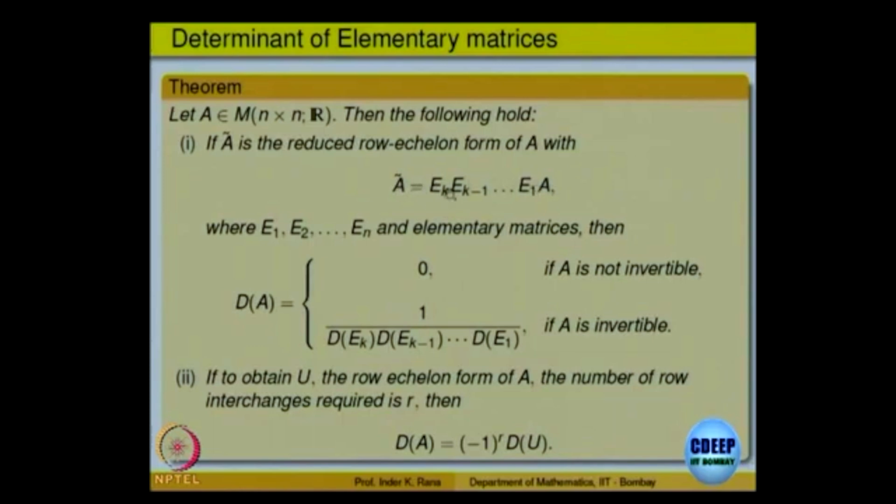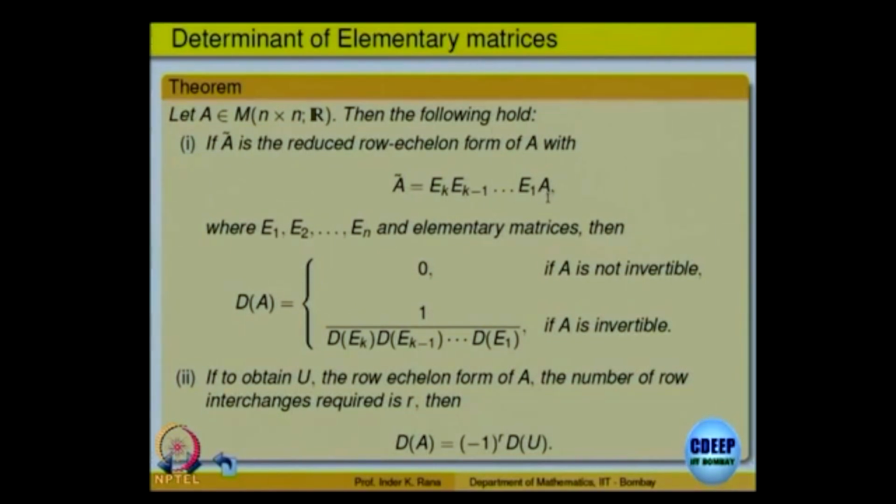I can write it as E_k multiplied by the remaining ones. Inductively I am going to apply the previous theorem now. It will be determinant of E_k multiplied by determinant of E_{k-1} into up to A. Again applying the same property, the determinant of A tilde is determinant of E_k multiplied by determinant of E_{k-1} into determinant of A, right?